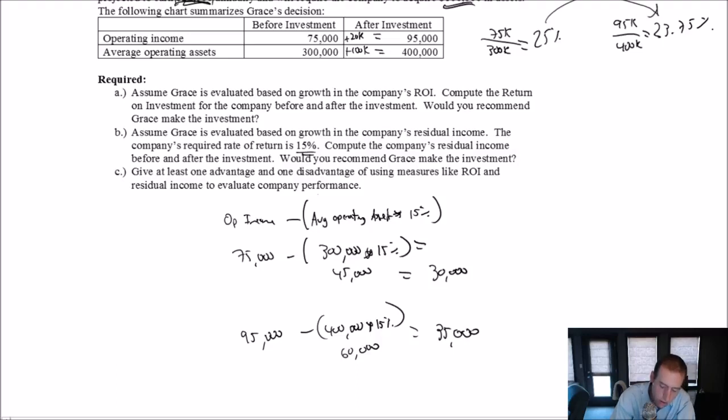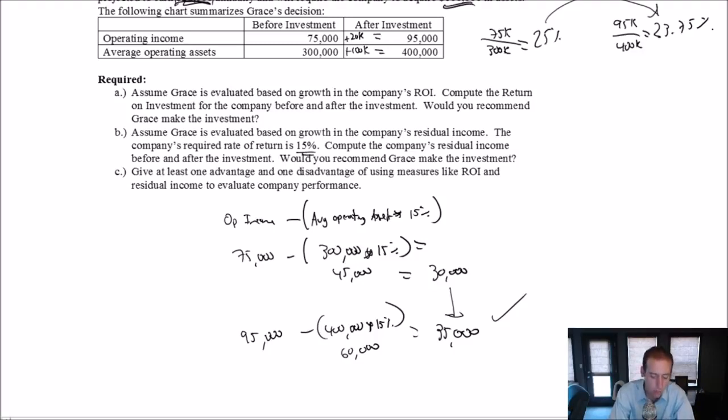Using residual income, you can see that her residual income would have increased from 30 to 35 grand. If residual income is going up, you take the deal. In this case, she should take the deal if residual income is being used to measure her.